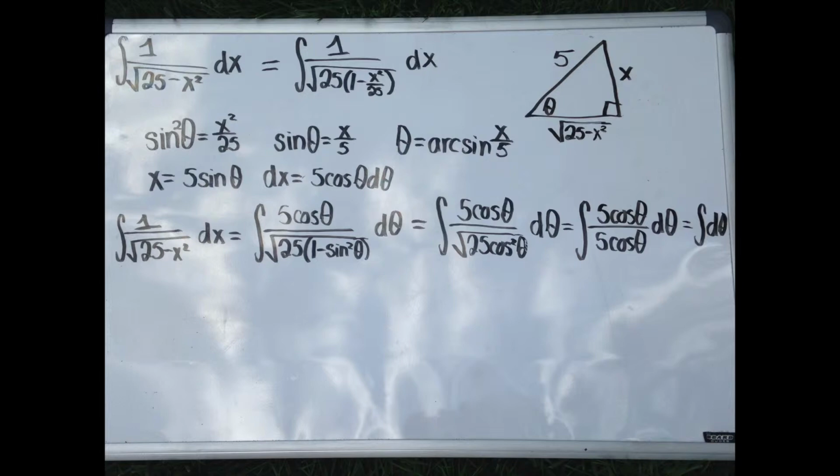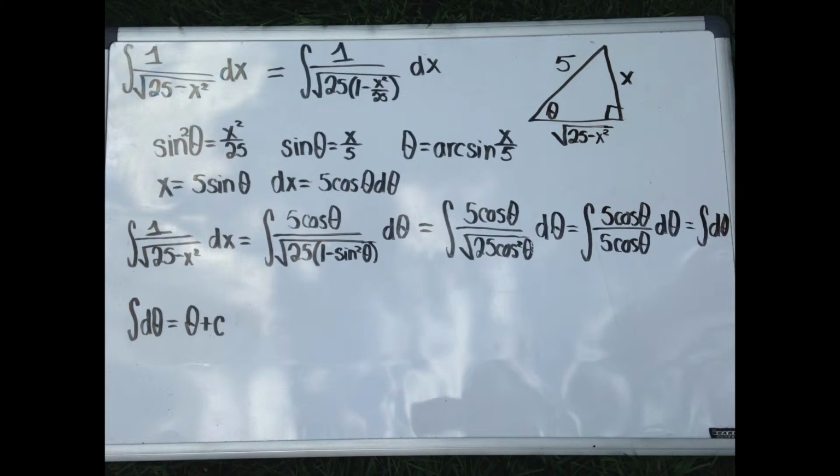And you can simplify that to the integral of 5 cosine of theta over the square root of 25 cosine squared theta, because that's part of your Pythagorean identity, 1 minus sine squared theta equals cosine squared theta. And then you can simplify that even further to the integral of 5 cosine of theta over 5 cosine of theta d theta, and the 5 cosine thetas cancel out, so you end up with the integral of d theta.